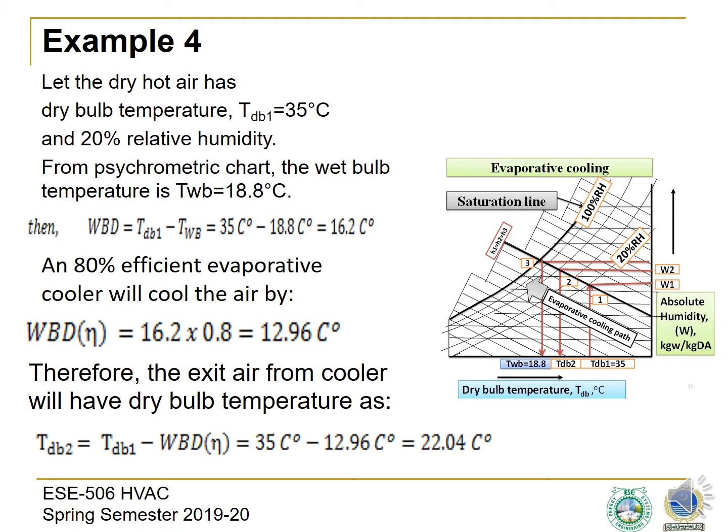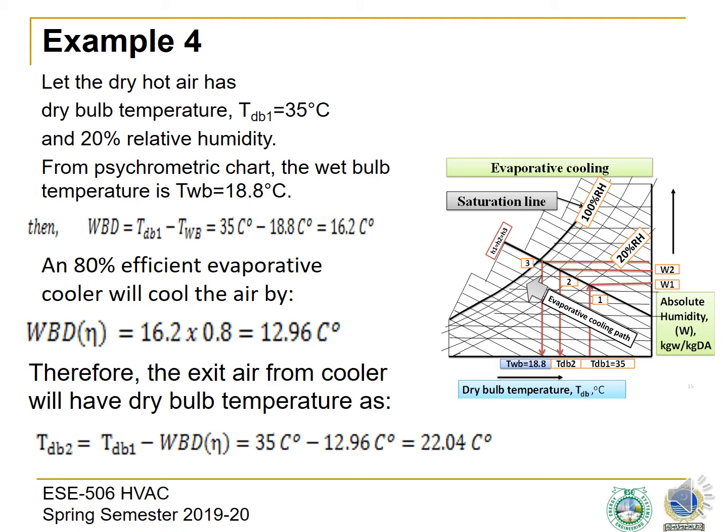Then wet bulb depression is equal to dry bulb temperature minus wet bulb temperature, 35 minus 18.8, which is 16.2. So an 80% efficient evaporative cooler will cool the air by 16.2 times 0.8, which is 12.96 degrees Celsius.